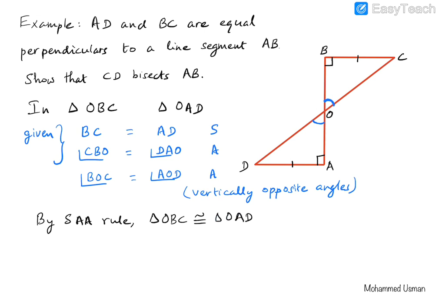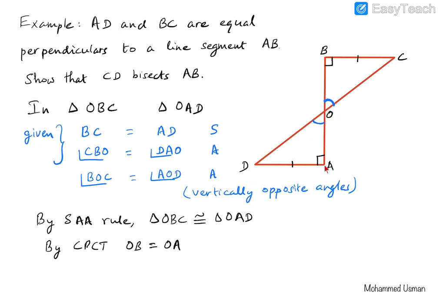So once we know that these are congruent, we can prove that OB is equal to OA. So by CPCT, OB is equal to OA. So that means this side of the triangle OB and this side of the other triangle OA, they are equal because they are corresponding parts. So the corresponding parts of congruent triangles are equal, so OB is equal to OA.